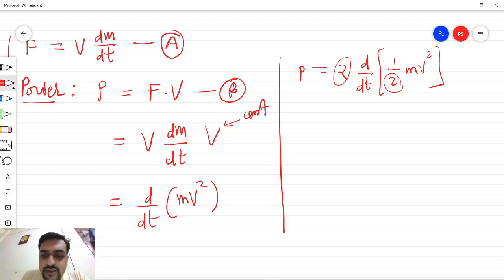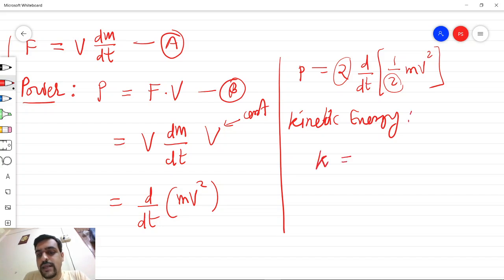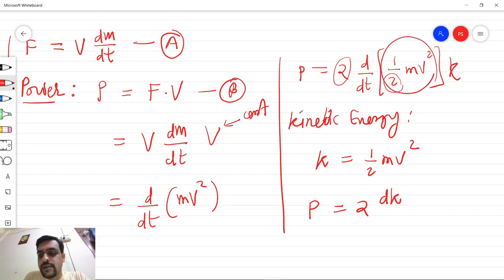But by definition, we know that half mv squared is the kinetic energy of the system. So let us say K equal to half mv squared. So in this case of conveyor belt, we get the power equal to twice the rate of change of K, so twice the rate of change of kinetic energy.